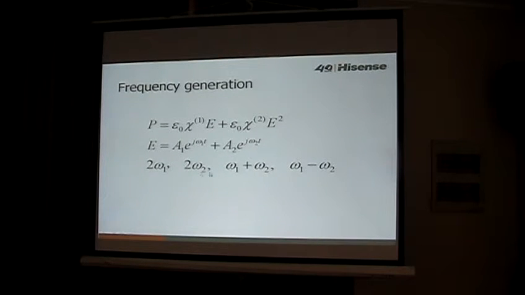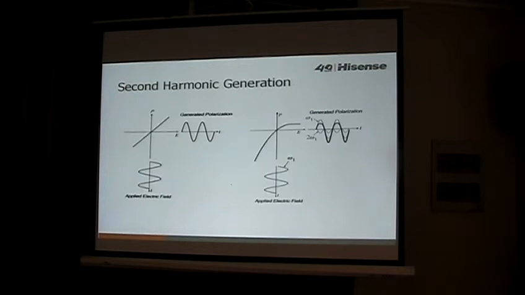We can get the double frequency, summation frequencies, and also difference frequencies. For our applications, we'll focus on these two. Primarily we focus on frequency doubling, but sometimes we cannot get rid of the frequency summation, which will cause us trouble, so we also need to discuss this frequency summation part.